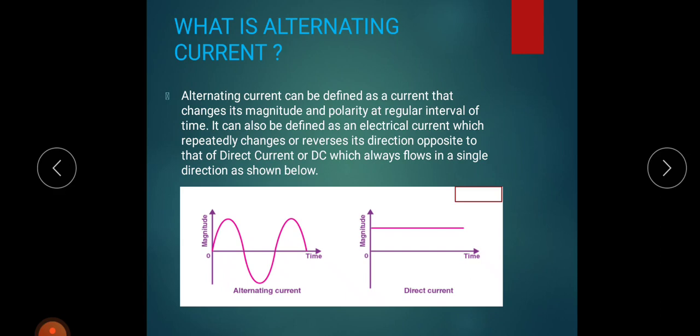DC cannot be used with the transformer because it cannot be stepped up or stepped down. Here AC can be increased to high voltage levels for transmission over large distances, then stepped down to safer levels for the consumer use, but it is not possible in the case of direct current.